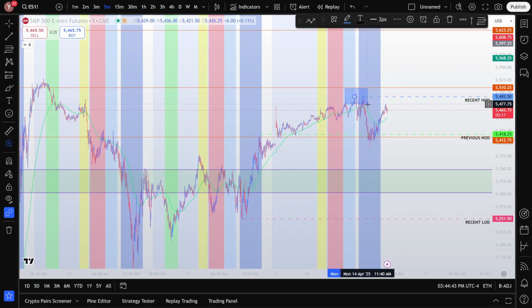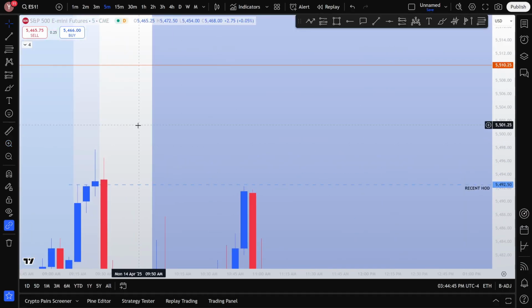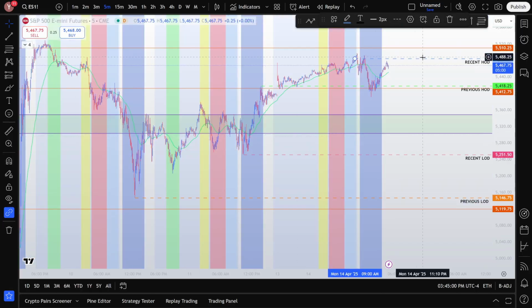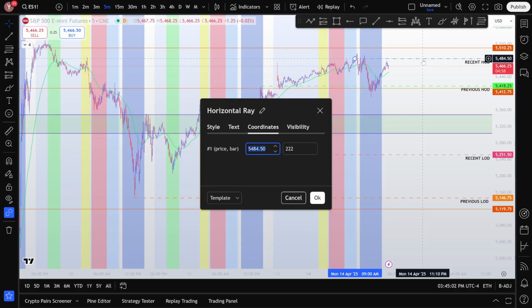Okay, like I said, let's set that accordingly. Over here, this is the recent high of day. You have to pinpoint it wick to wick. Okay, done. We zoom out, double click just to get the coordinates of it.